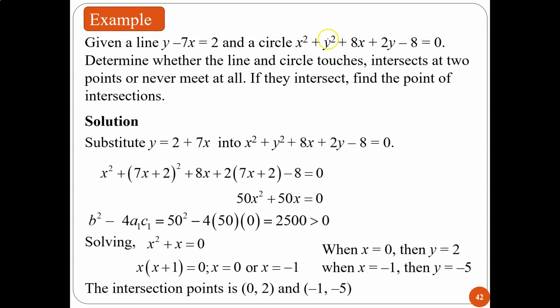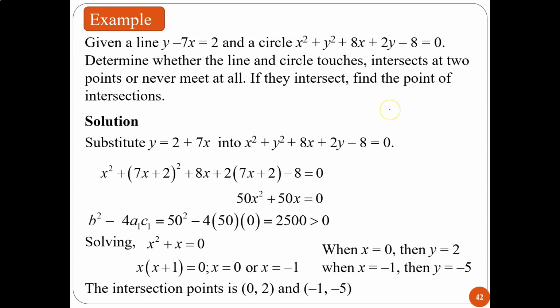If they intersect, find the point of intersection. It says if they intersect, find that point of intersection.